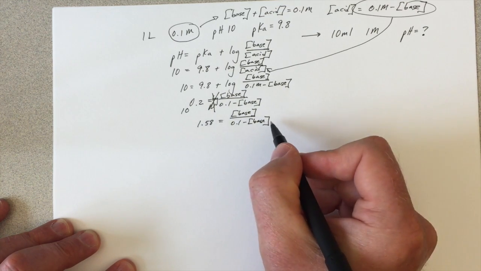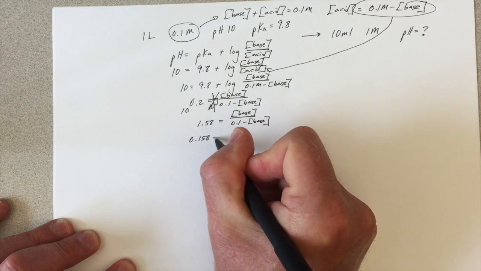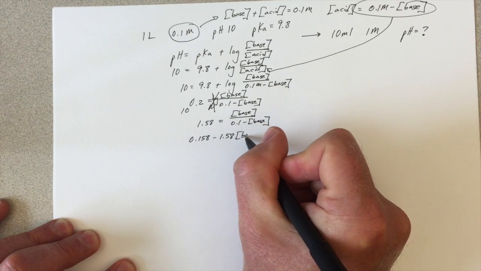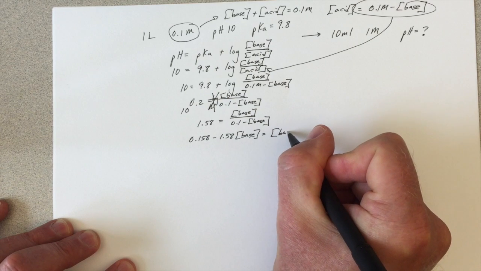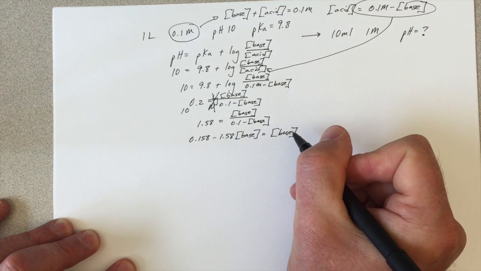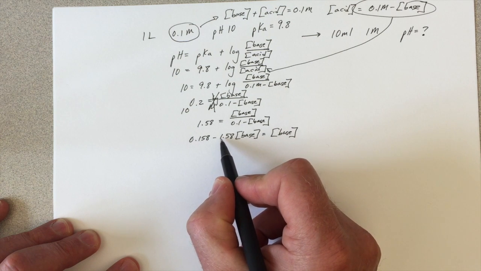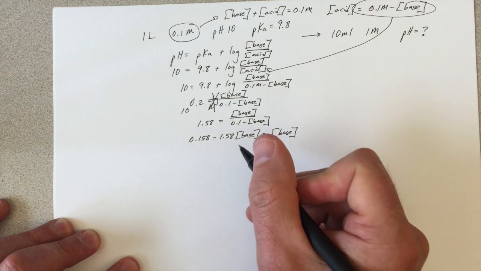I can cross multiply here, so 0.158 minus 1.58 times the concentration of base equals concentration of base. I'm going to move my base to one side, so I'll add 1.58 times concentration of base to both sides.